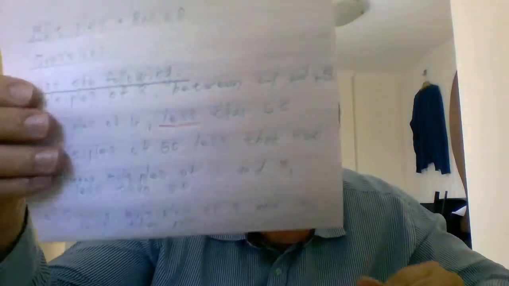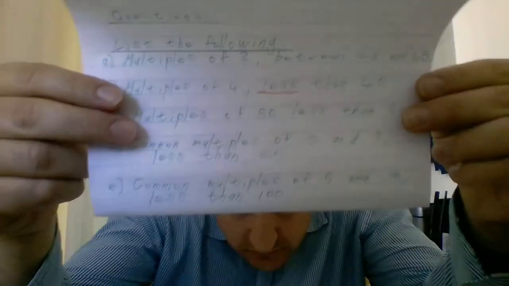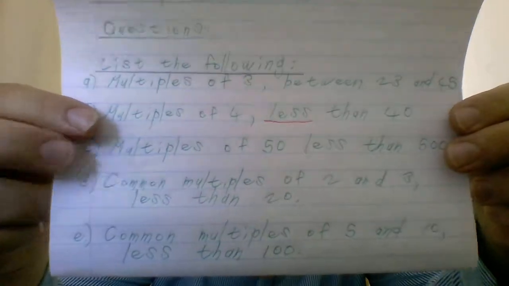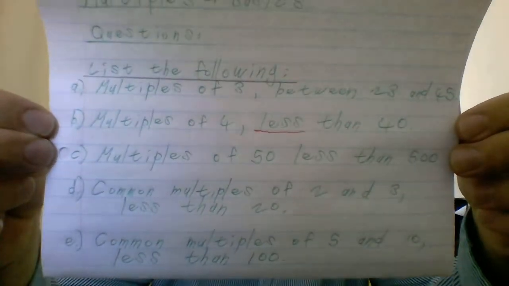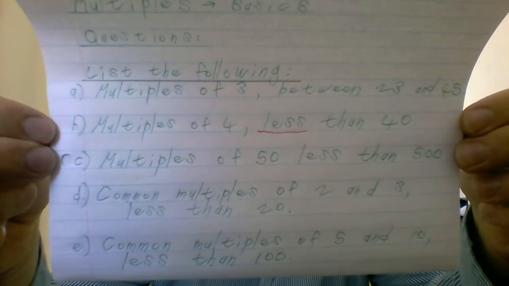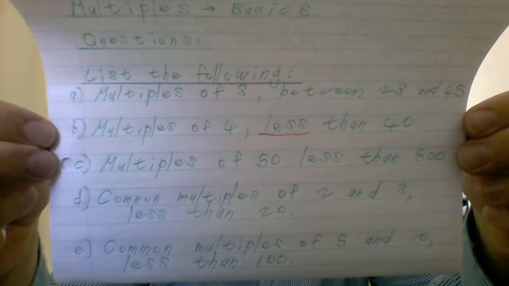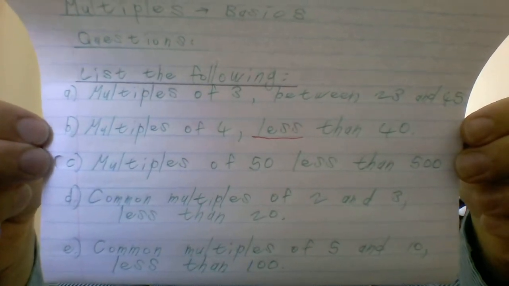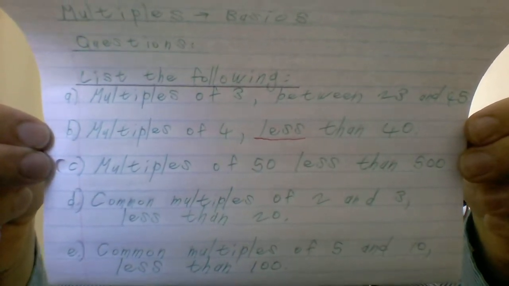So I've got the question. There's 5 questions. List the following. Number A, multiples of 3 between 23 and 45.